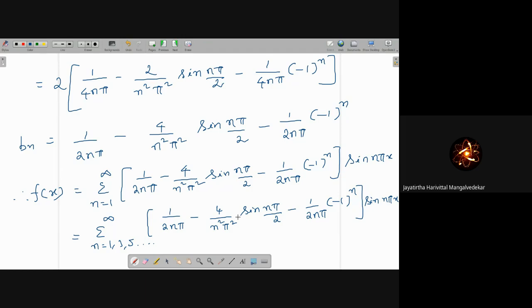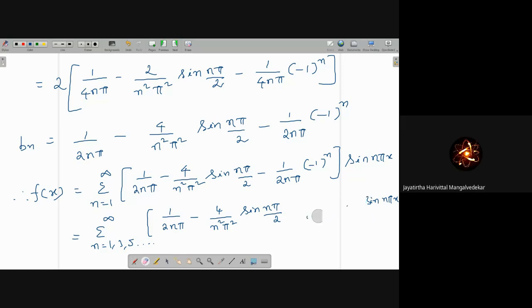The minus 1 whole power n we can combine with this 1 by 2n. Minus 1 whole power n when n is odd is minus 1, so minus of minus 1 is plus 1, which means 2 times, 2 times 2, so 1 by n pi, is it correct?